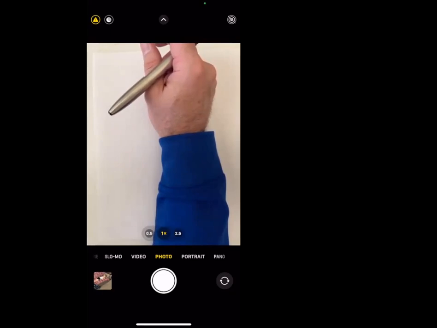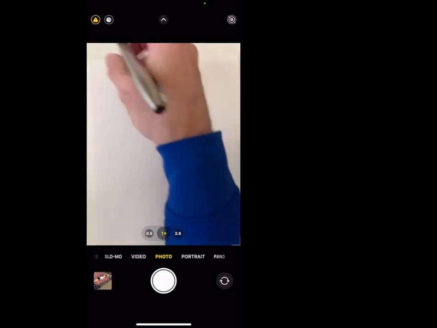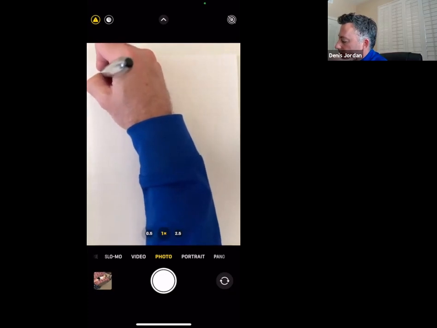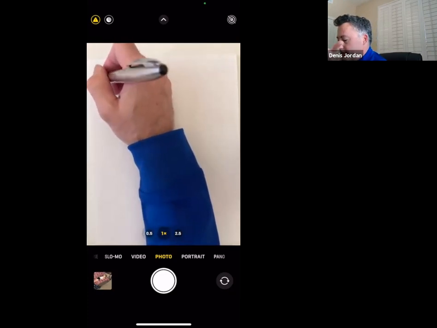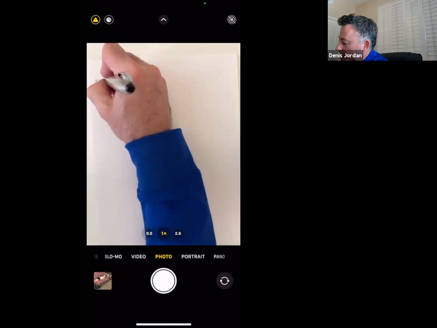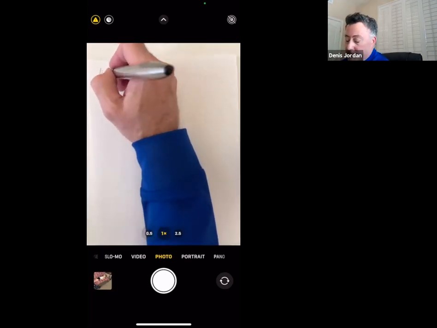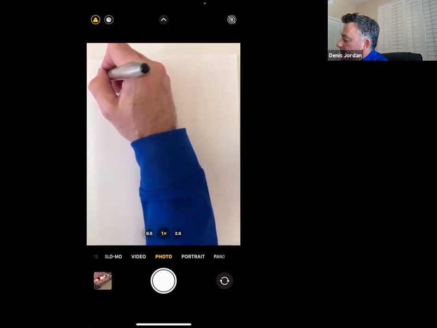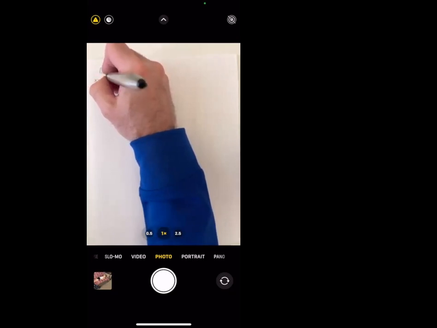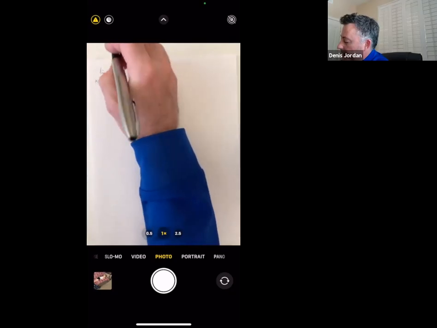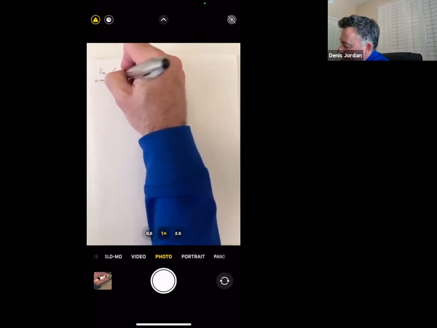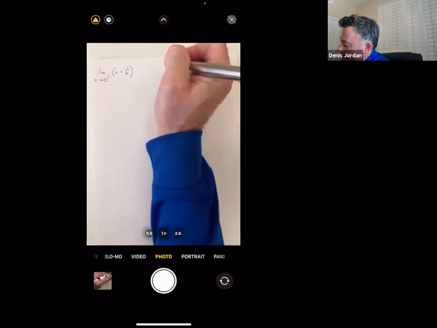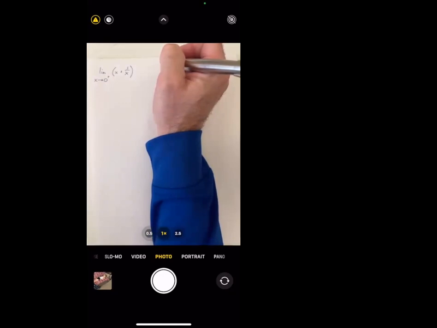Like you're given the equation, something like the limit as x approaches 0 from the right of x plus 1 over x. Okay, yeah.